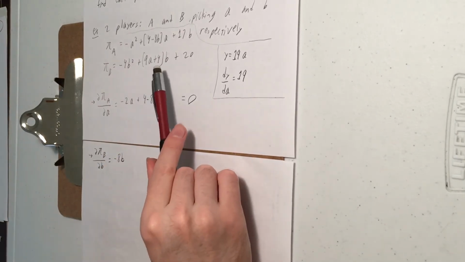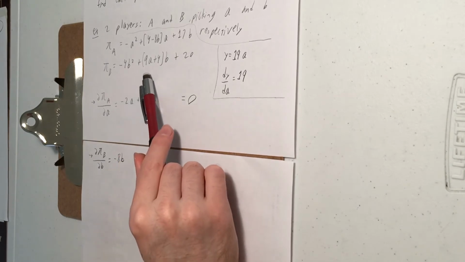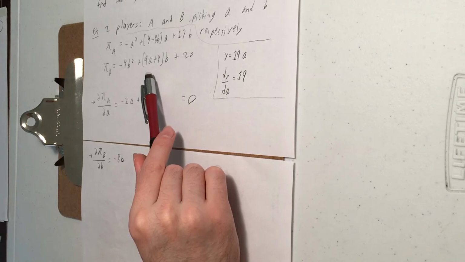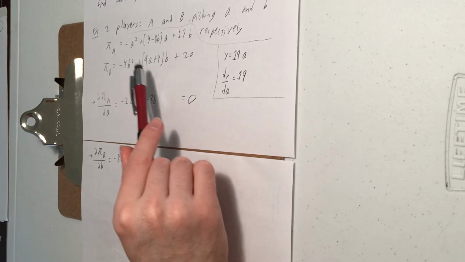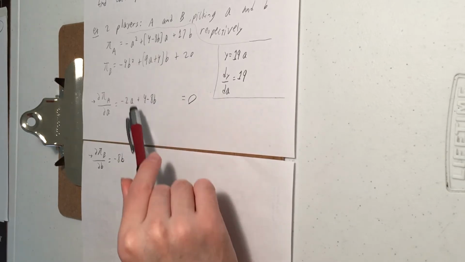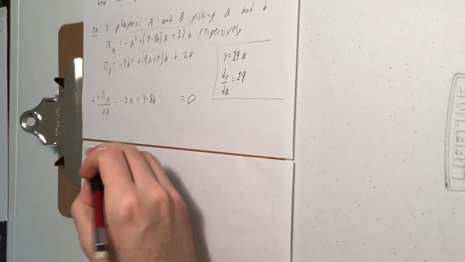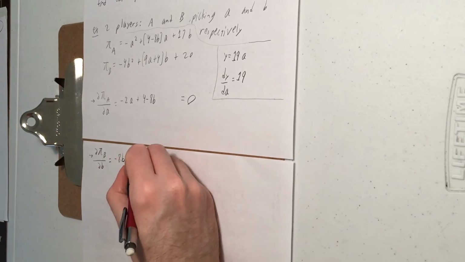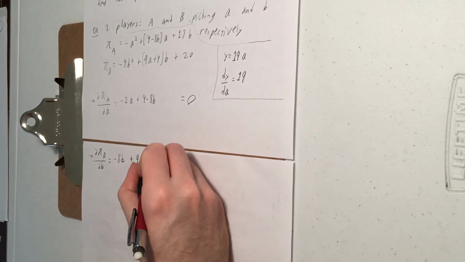For this term here, now we're taking the partial derivative with respect to b. That means all the other variables, all the a's, are like constants to us. So just like over here, we had a 4 minus 8b, this is going to be 9a plus 4.